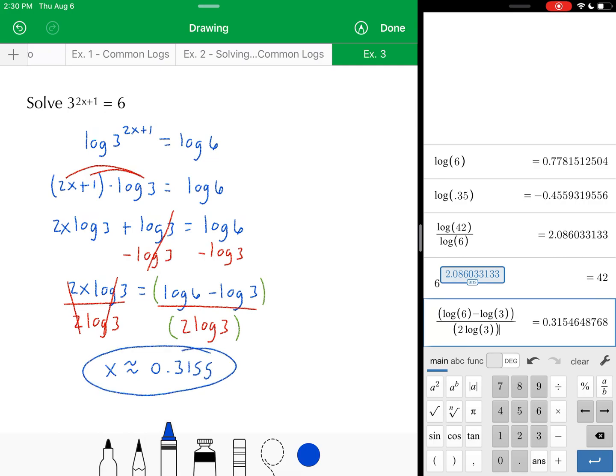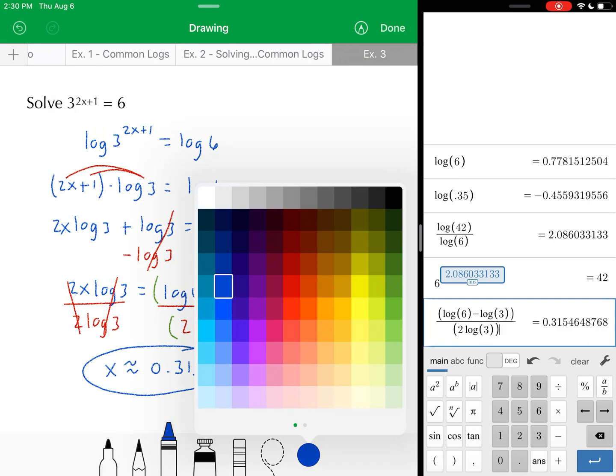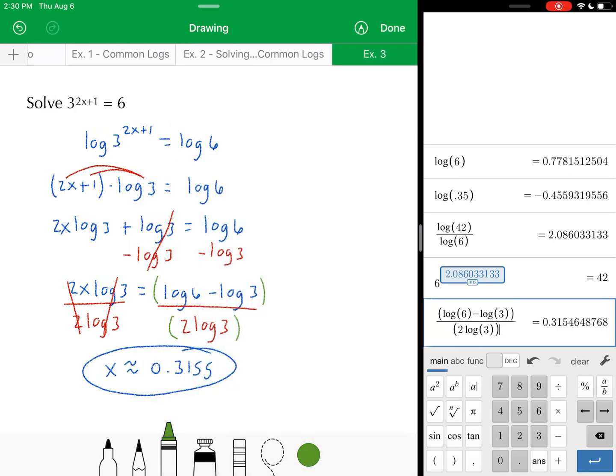Now understand, rather than typing all of that in, you technically could use a couple properties associated with logarithms. Isn't log 6 minus log 3 the same as common log of 2? Because you can use a quotient property and take 6 and divide it by 3. And then isn't 2 log 3 the same as log 9?